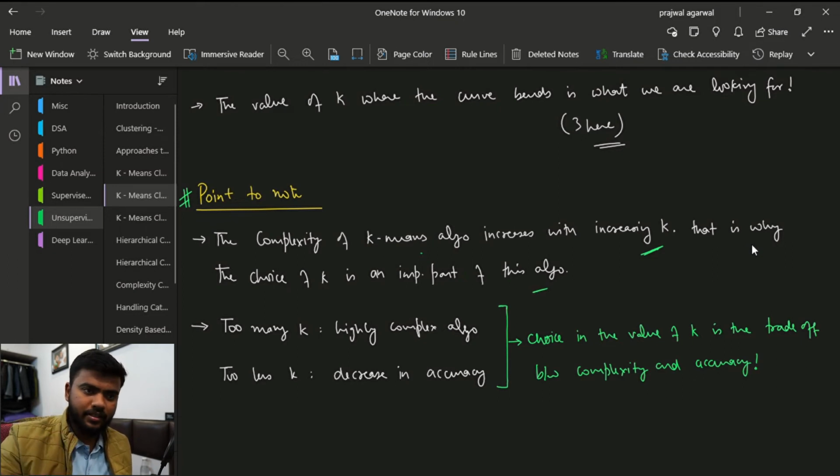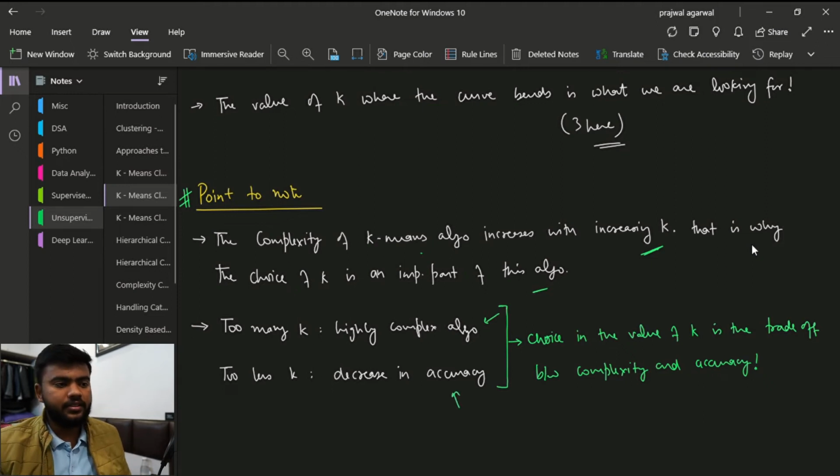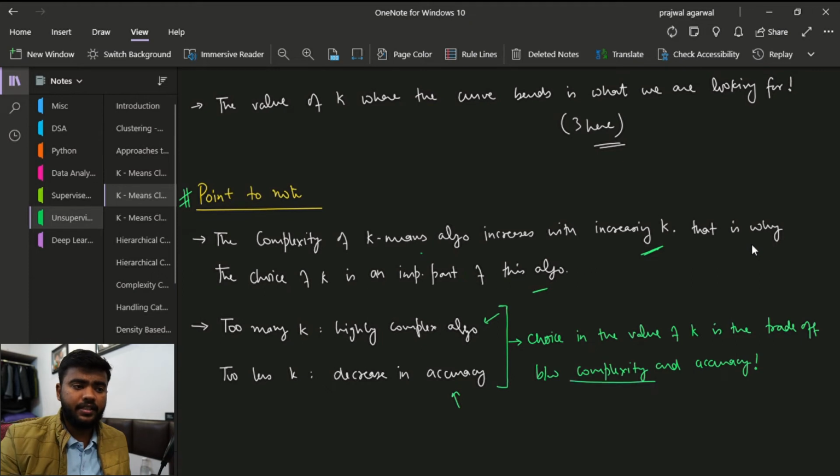But when you increase k, your computation increases drastically. So you have to achieve that balance. Too many k, a very highly complex algorithm; too few k, a very inefficient algorithm, with a significant decrease in accuracy. So the choice of the value of k is a trade-off between complexity and accuracy.